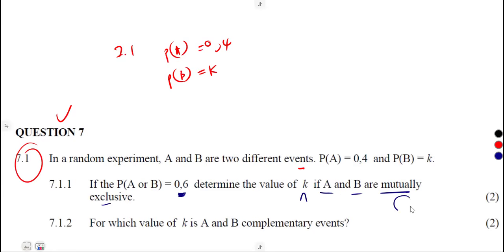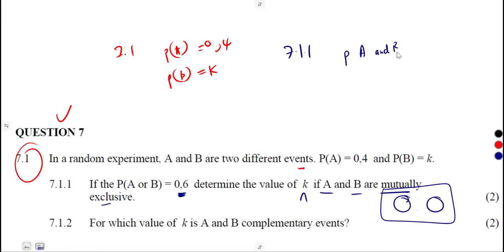Remember, mutually exclusive, they do not meet. There is nothing in between these two. The intersection, the probability of A and B, must be equal to 0. There is nothing there. So what can we do to find the value of K?